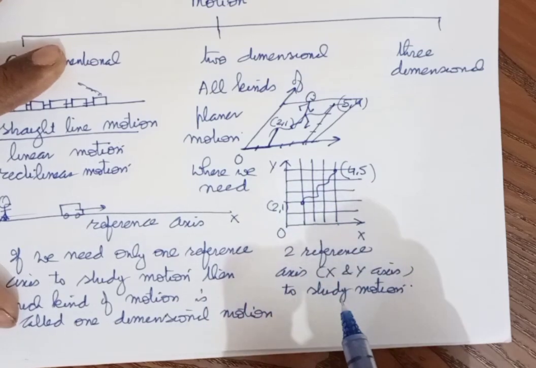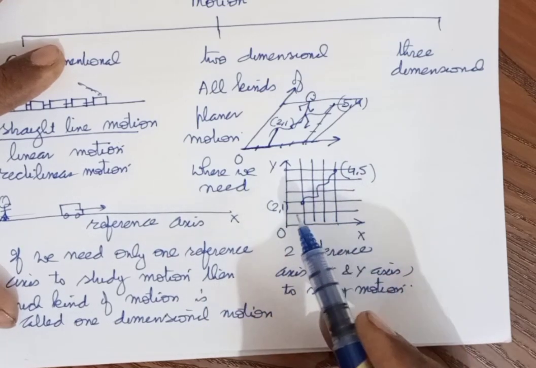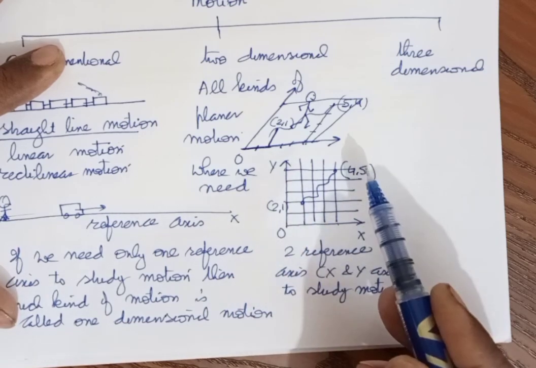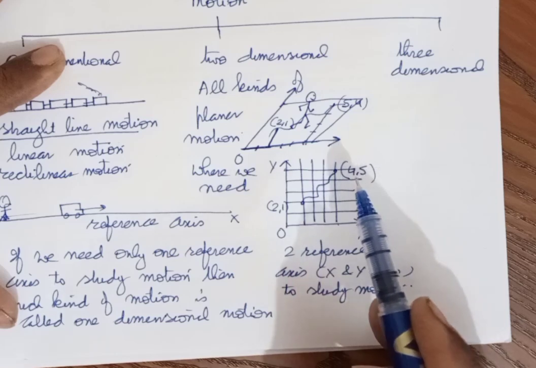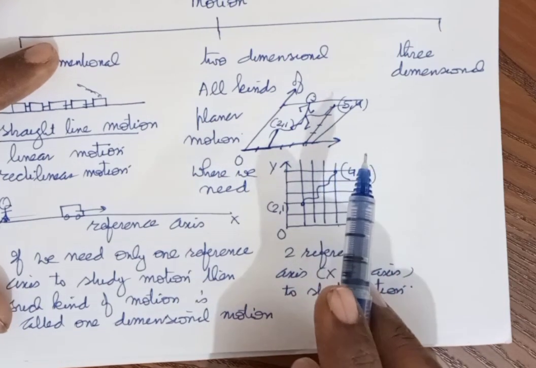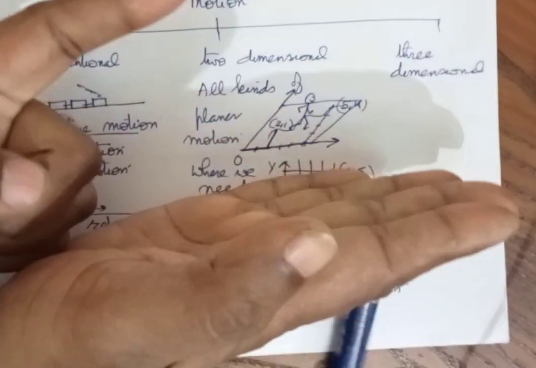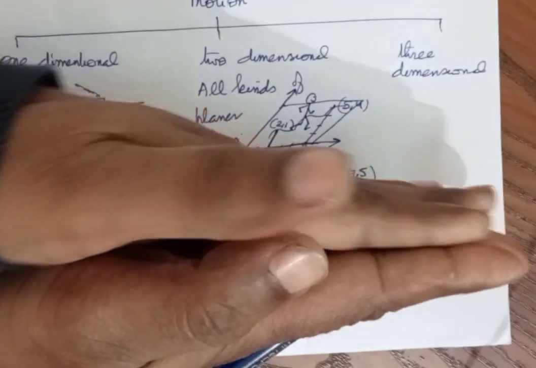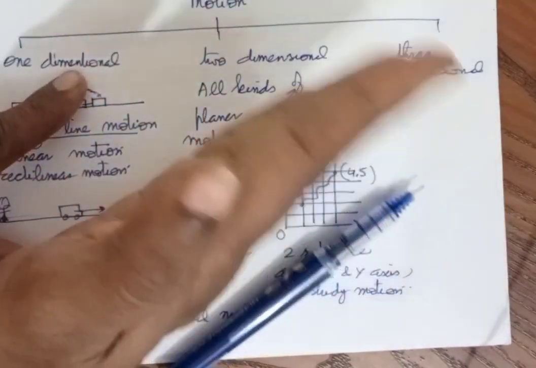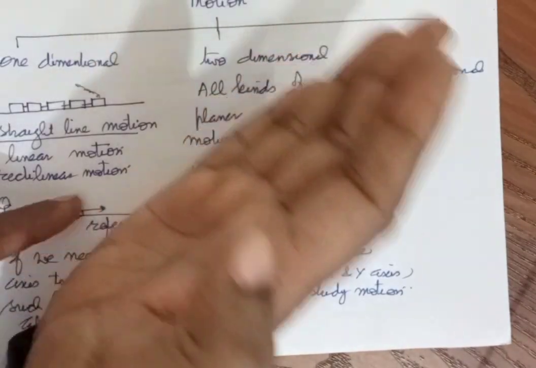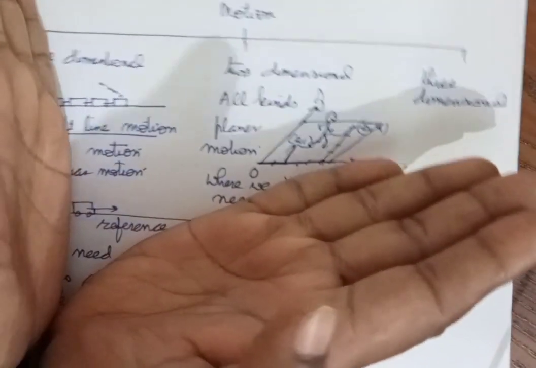If the path is curved, here also the motion may be in a straight line, but if there is a straight line, then we will open only one hand to study the motion. If it is a straight line motion, wherever it is going, we will show our hand and put our scale on that. But if it is like this, then we need two axes.